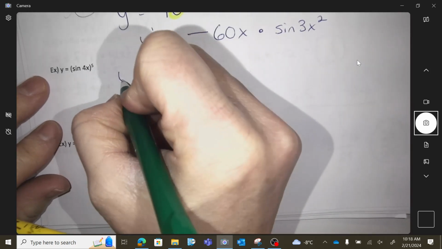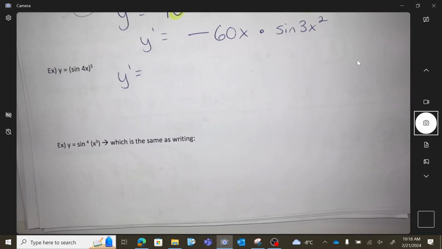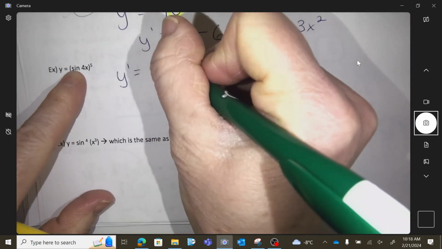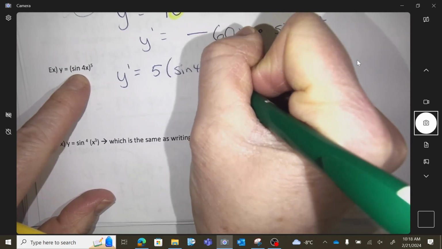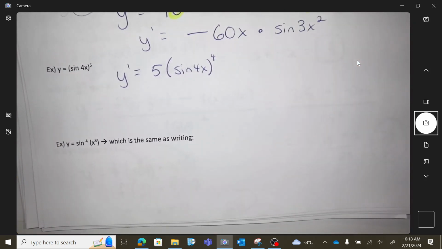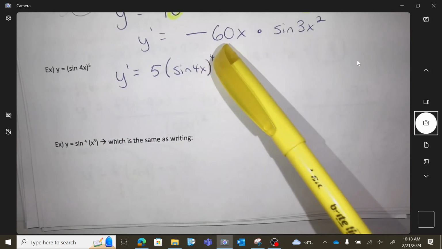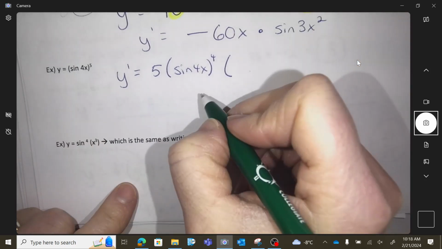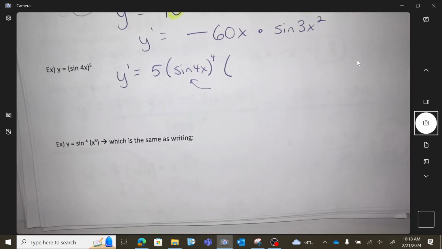Okay, so this one, we are going to have to do the power chain rule. Remember the power chain rule? You're going to go 5 of those units to the 4th, because you have a power, so you have to do the power rule first. 5 of those units to the 4th times the derivative of the unit.